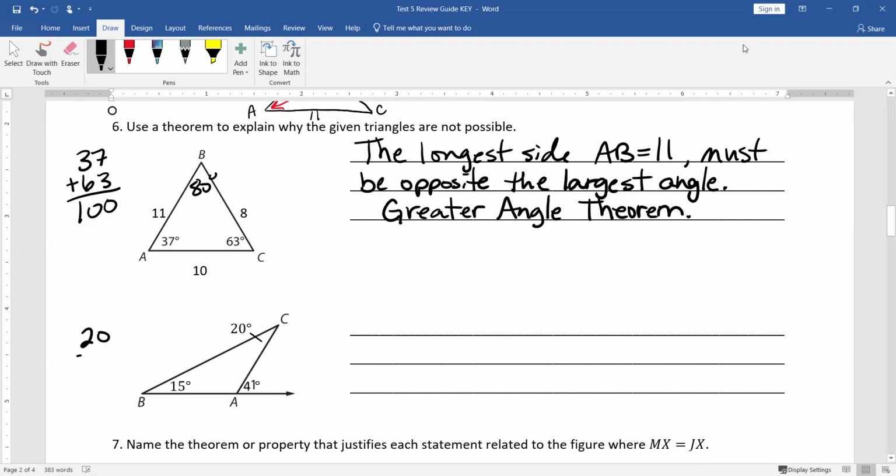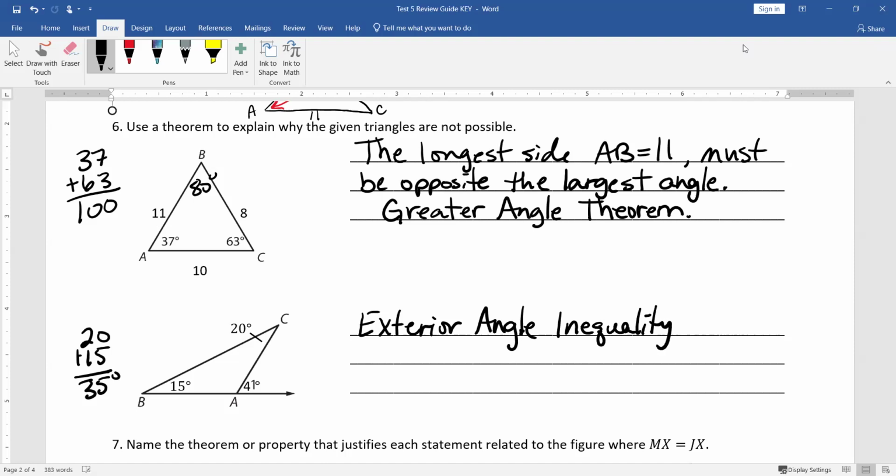But when we add them, we find that they only equal 35. If they equal less than the 41 or more than the 41, it's impossible because of the exterior angle inequality theorem.